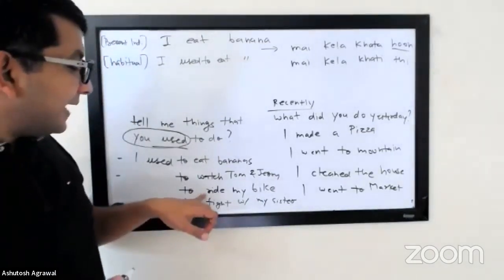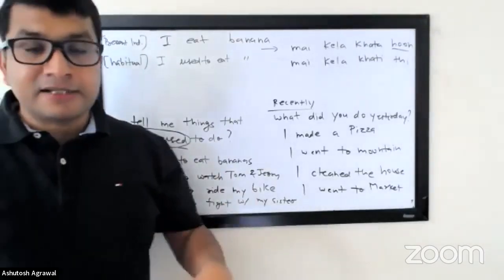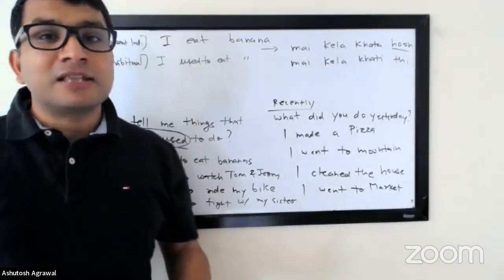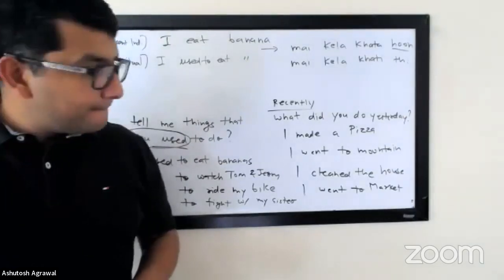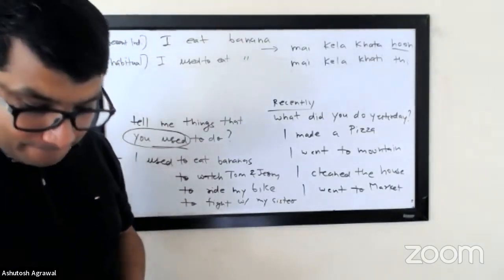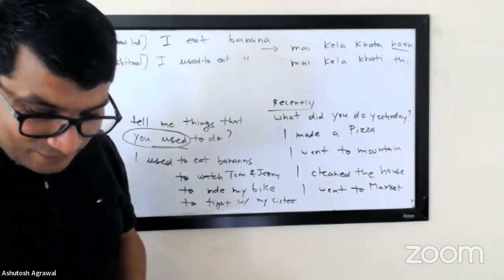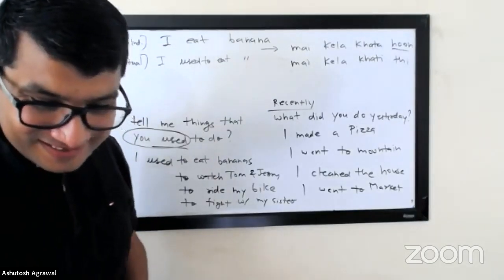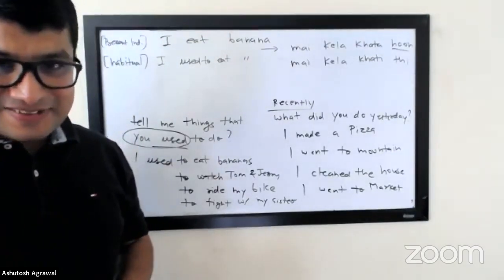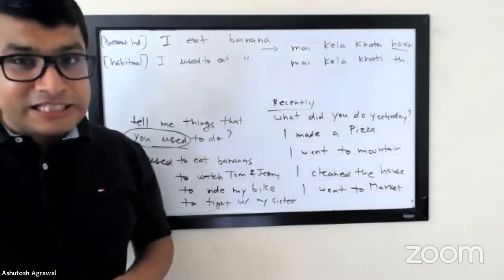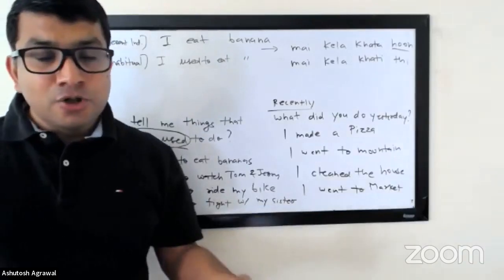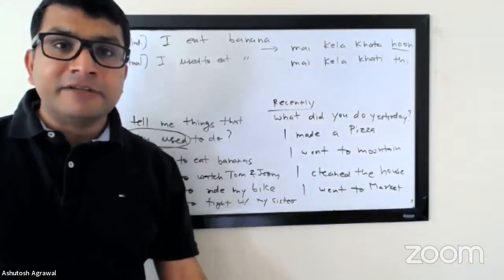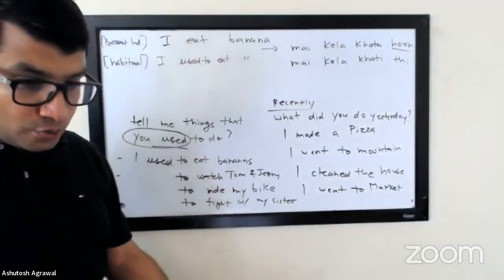I ride my bike. If I am simply saying right now, मैं bike चलाता हूँ, and habitual past it would be मैं... say it louder. Yeah, very good. मैं bike चलाती थी for you, right? All you have done is changing the ending to convey that activity that you used to do, right?